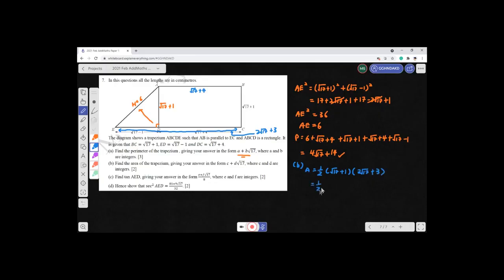So 1/2 times this. So root 17 times 2 root 17, I will get 2 times 17. Root 17 times 3, I will get plus 3 root 17. And then plus 2 root 17 because of here. And then 1 times 3, I will get plus 3. So 1/2, 34, 37 plus 5 root 17.